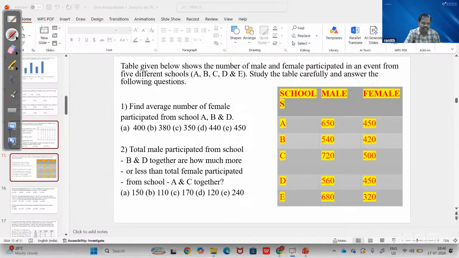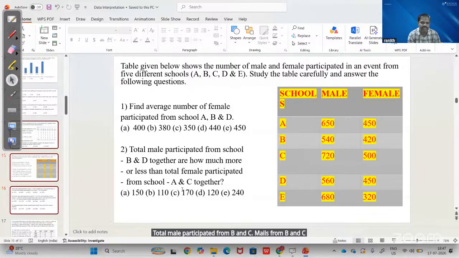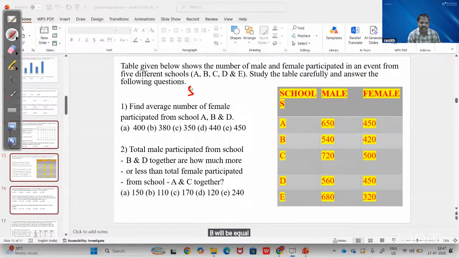Next question: total males who participated from B and C. How many males from B and C? B is 540.